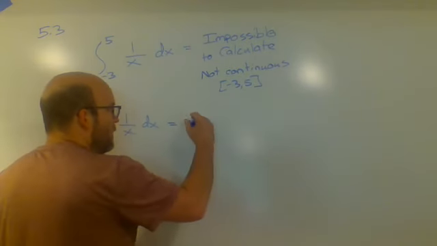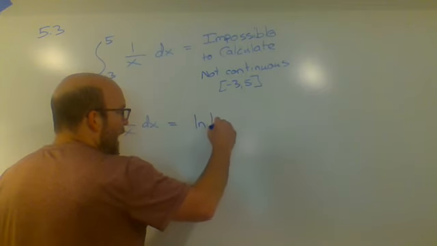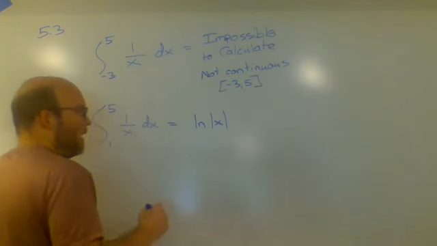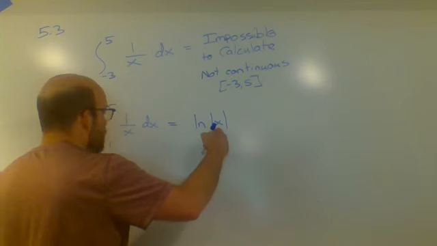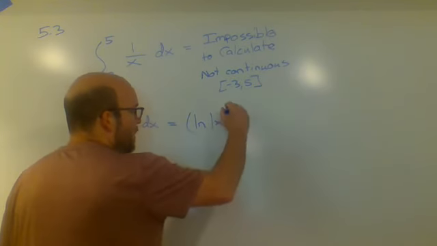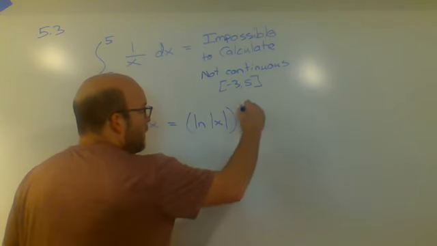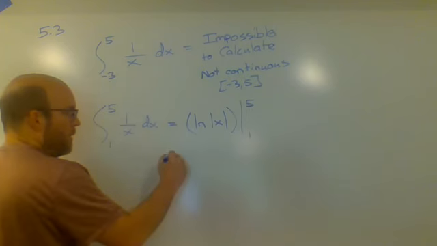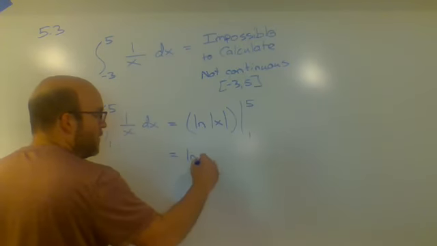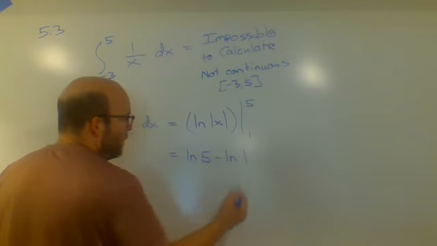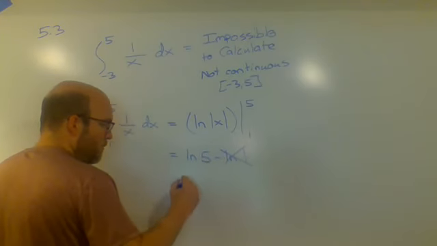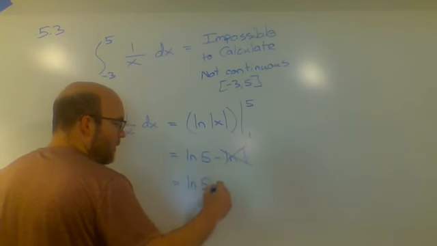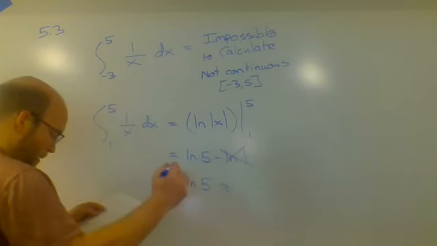So this is going to be the natural log, technically the absolute value of x, just to open up other possibilities, evaluated between 5 and 1. So this is the natural log of 5 minus the natural log of 1. The natural log of 1 is actually 0, so you end up with the exact area being the natural log of 5.